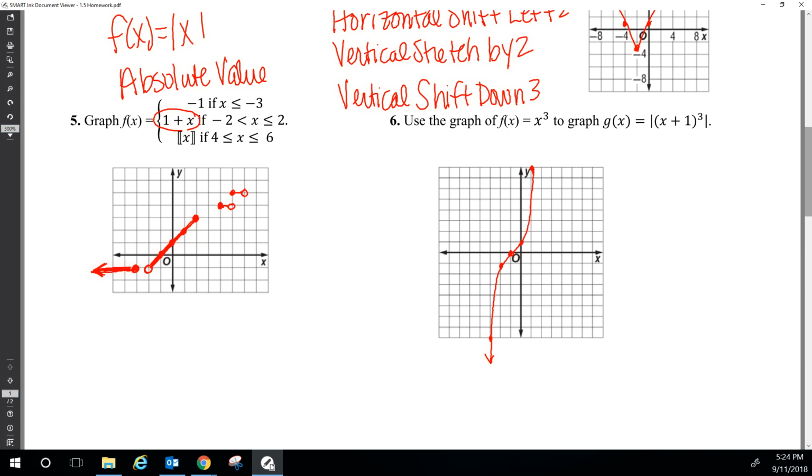If I didn't have the absolute value signs, that's what it would look like. And then, what does this absolute value do? It takes all of these points, and if one becomes a negative point, it's going to flip it back up. So this point here is at -2, -1, and it's going to become -2, +1.